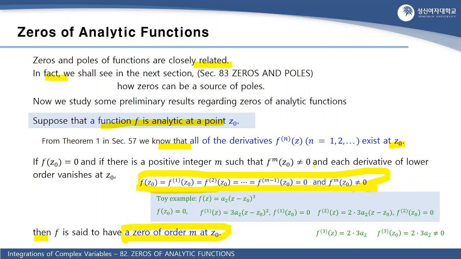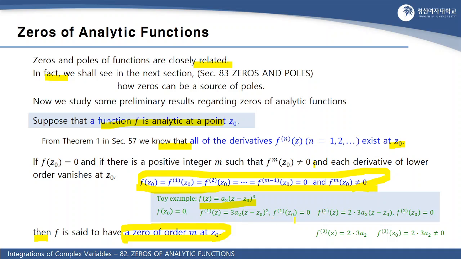Okay, to capture this notion, let's consider a toy example. Let's suppose we have f of z equal to a_2 times (z minus z0) cubed. Then we consider the m-th derivative.